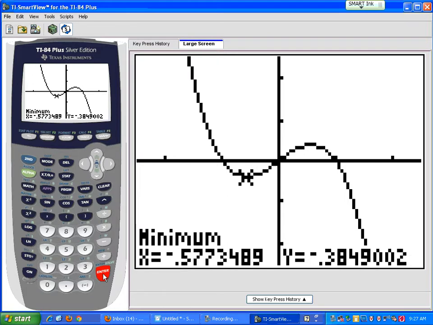So that's the first thing I'm going to write down. Is this an absolute minimum or relative minimum? It's a relative minimum. So we have a relative minimum at, it's hard to read this screen, so negative 0.5773.